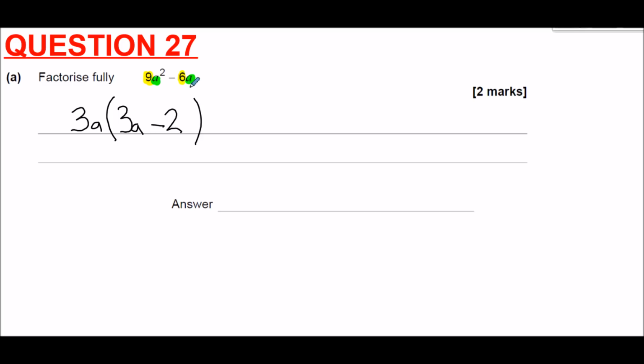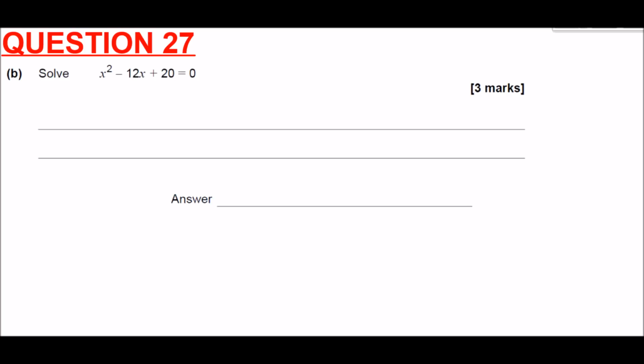We don't want to change the A, so don't put any extra A's on the inside. So the fully factorised answer is 3A brackets 3A minus 2. And you can always double check your factorising, because if you expand it, you should get back to what you had to begin with. And so this one is 3A brackets 3A minus 2.